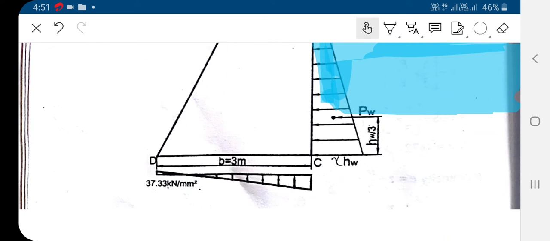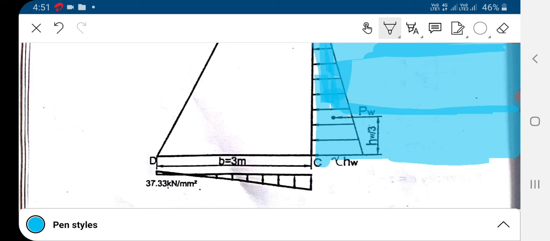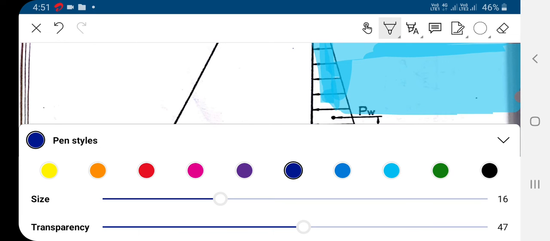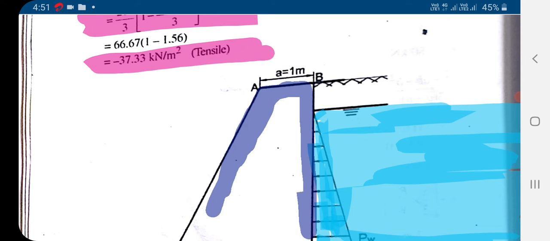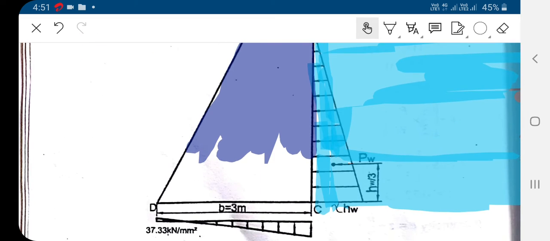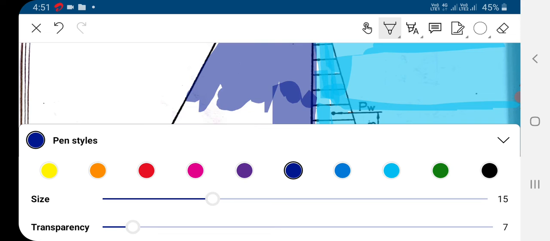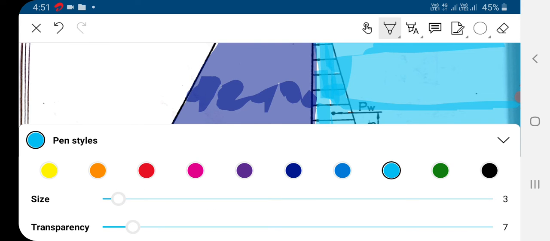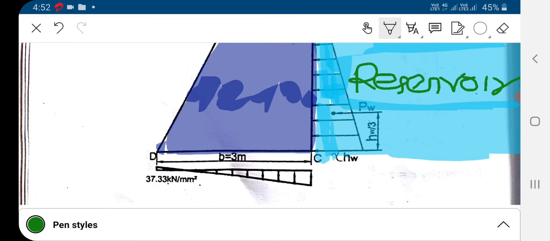This is the dam body, and this is the reservoir, and this is the dam.